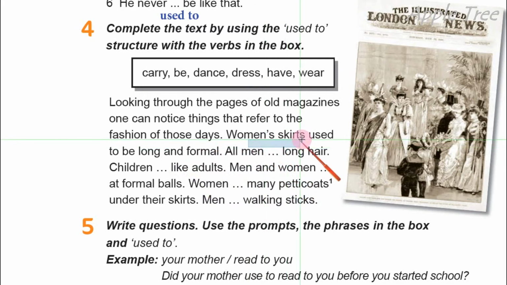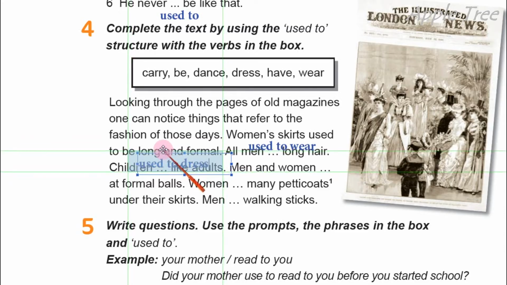Усі чоловіки раніше носили довге волосся. Children used to dress like adults. Діти одягалися як дорослі.